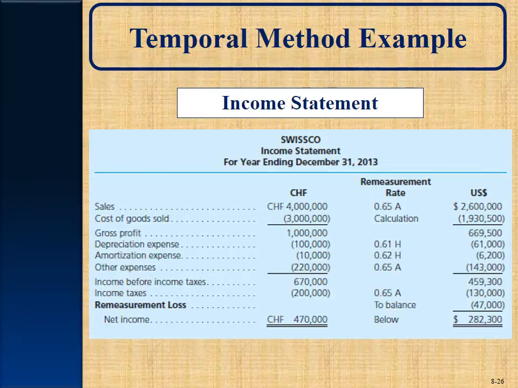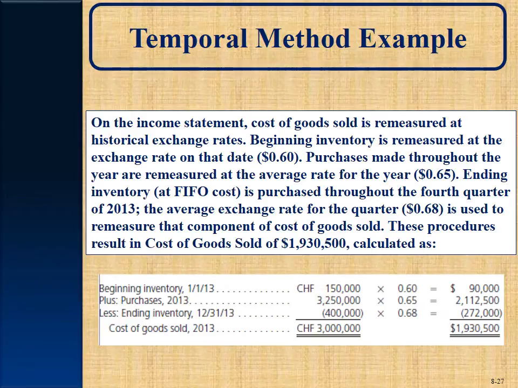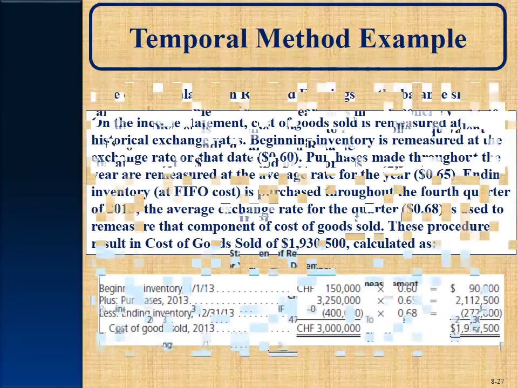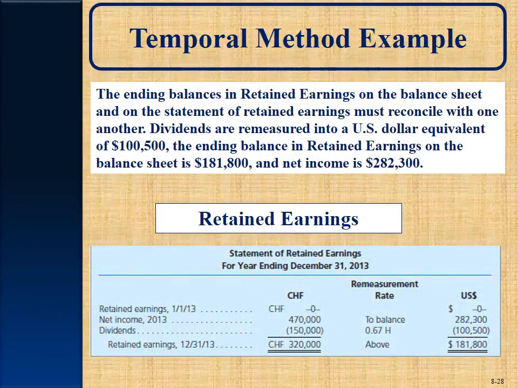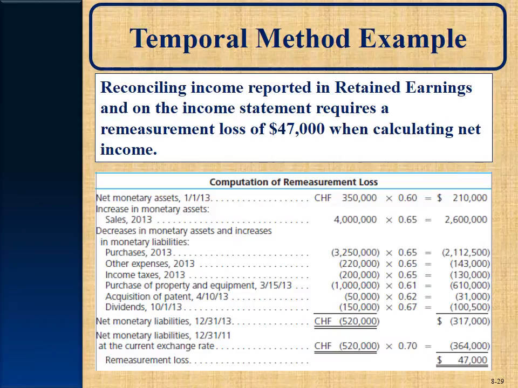Our conversion. And there's that cost of goods sold area and how we determined it again. There we go. That's what we were just talking about. There's your retained earnings conversion. And there's our detailed determination of the remeasurement loss.